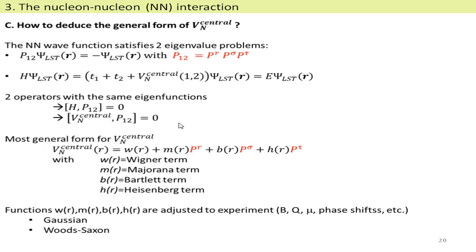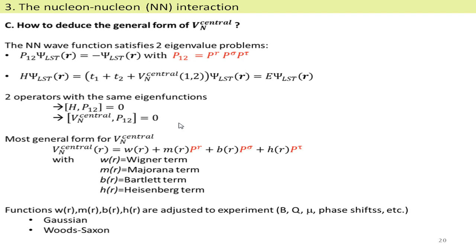Here you have the Majorana term, here the Bartlett term, and here the Heisenberg term. So I don't know exactly the origin of these names. Probably they met at some place and shared the names for these terms. Anyway, one is independent of the exchange operator, and the three others depend on PR, P sigma, P tau.